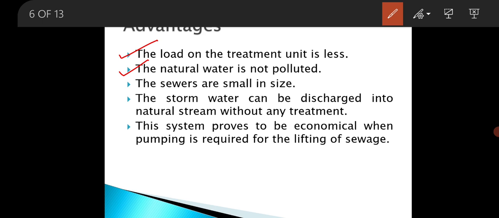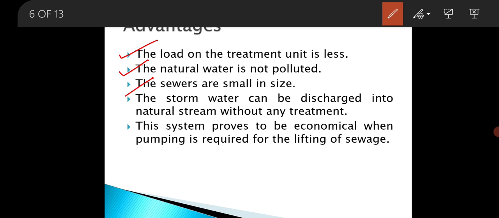Second one is the natural water is not unnecessarily polluted as only the storm water is discharged into the natural water and the sewage is diverted or carried to the treatment plant. Therefore, the natural water is not polluted.